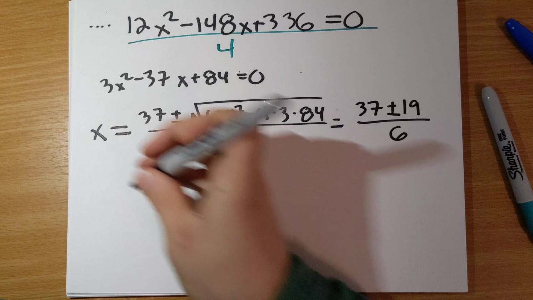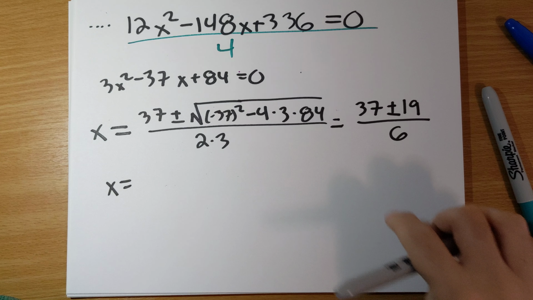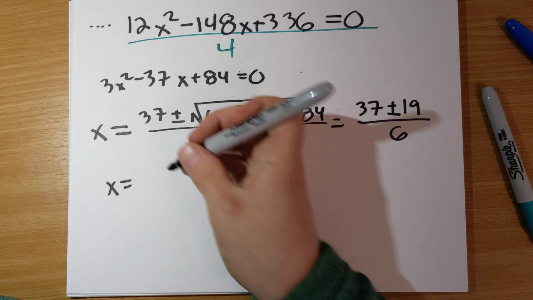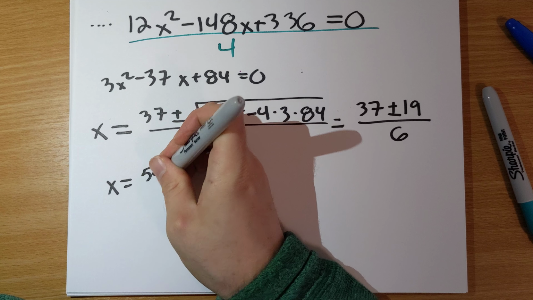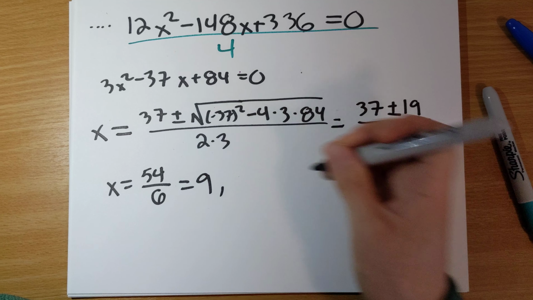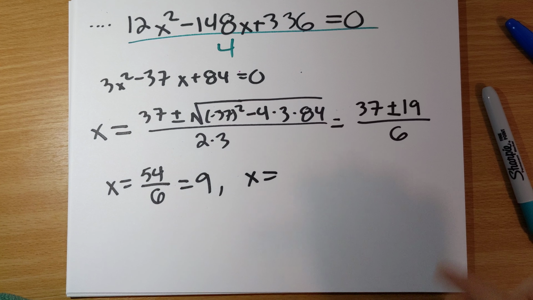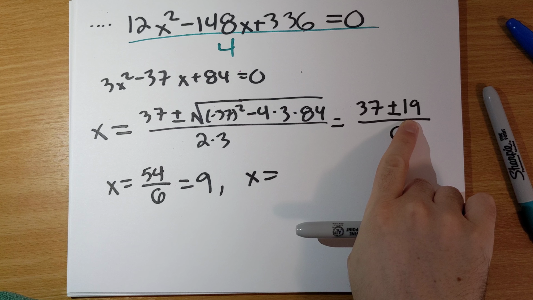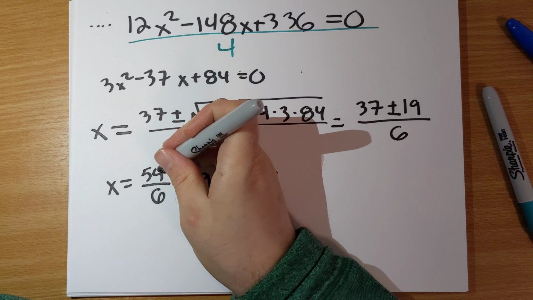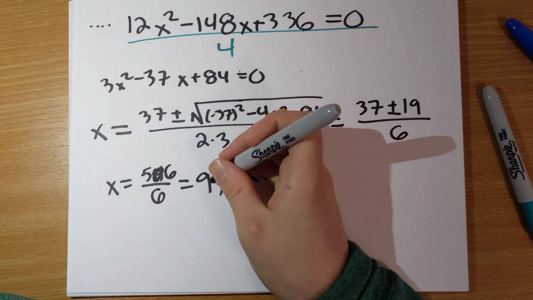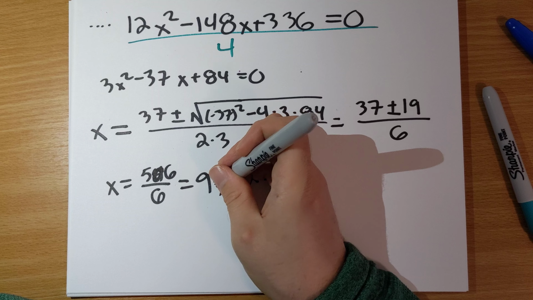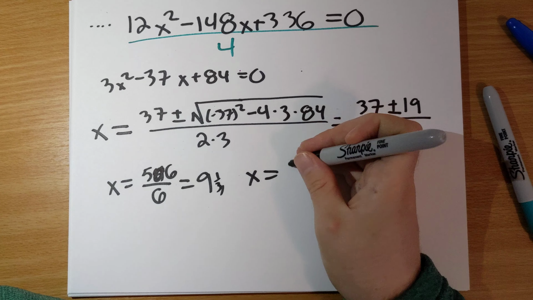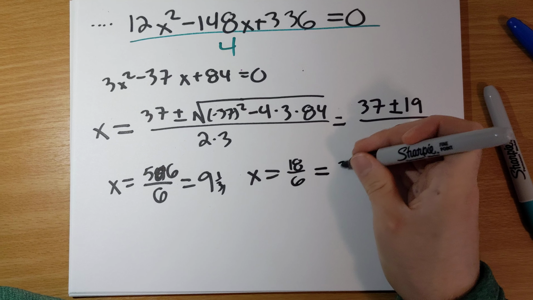Okay, so this has two solutions. If we have 37 plus 19 over 6, 37 plus 19 would be 56 over 6, which is 9 plus 1/3. If we do 37 minus 19, we get 18 over 6, which is 3.